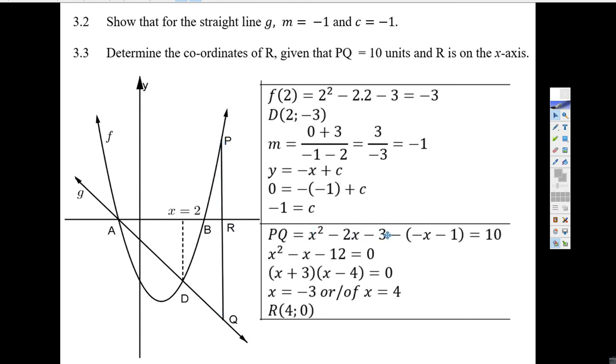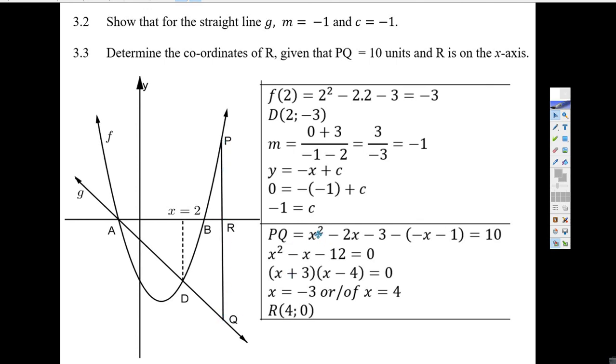So you take the function, the parabola, and you subtract the line, and then you solve for it. That's how you do it. If you want to find the difference between two functions, if you're told PQ is 10, you write 10 there, and then you subtract the two functions, the parabola minus the line. It kind of makes sense. There you are on the parabola minus the line.